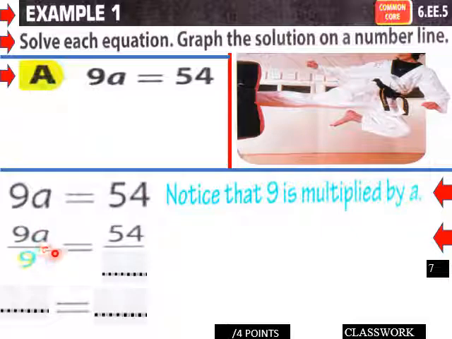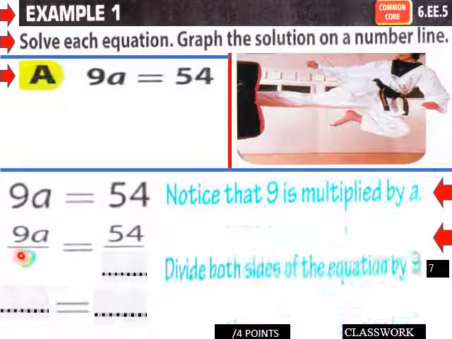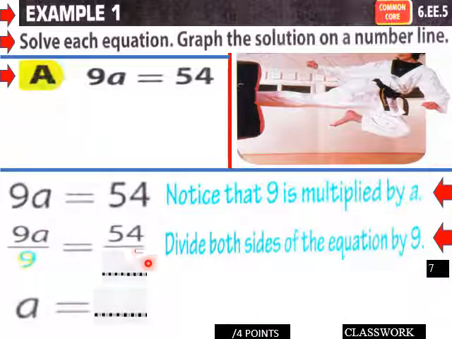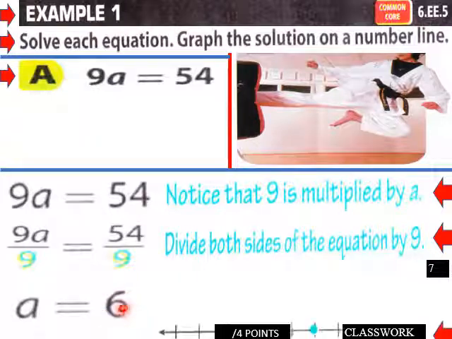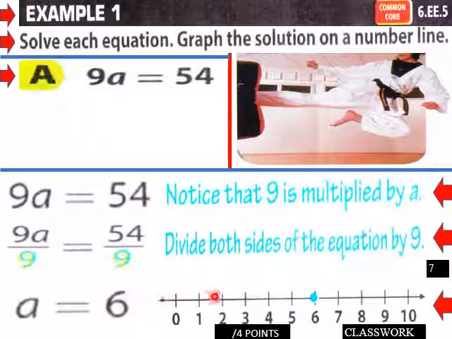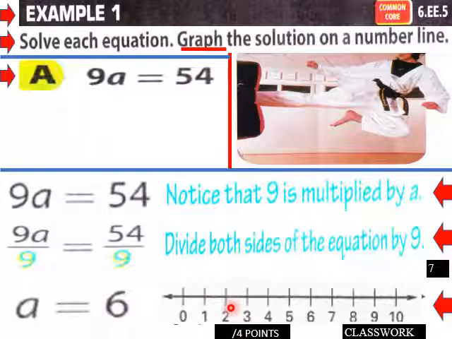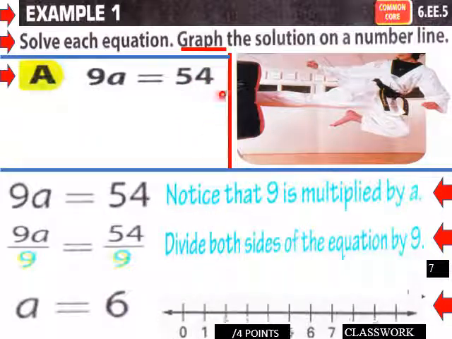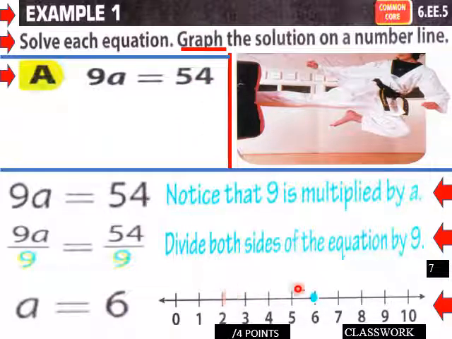This is going to isolate our a. What we divide this side by, we have to divide both sides by. So this becomes a. A equals what? 54 divided by 9. What's 54 divided by 9? It's 6. So there it is. We got that one. And here's the plot of that solution on a number line. There's your graph, the solution on a number line.